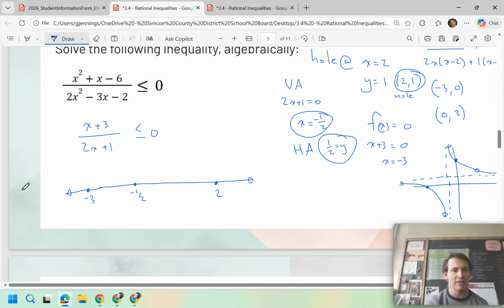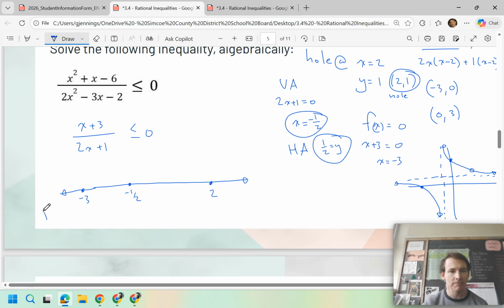So let's test f at minus 10. That will give us minus 7 over minus 19, so it's positive. Then in between here, let's test f at minus 2 because that looks easy to test.